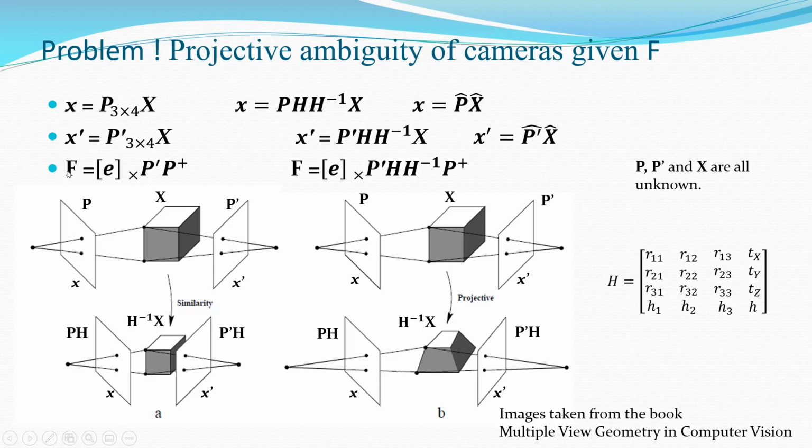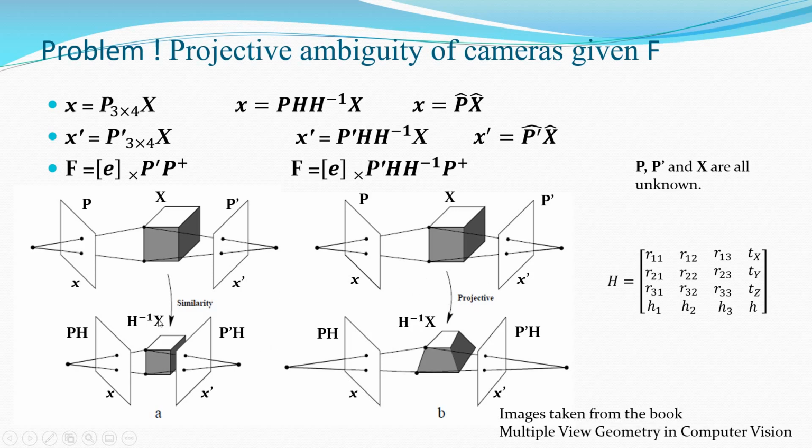So given one unique fundamental matrix, there are different combinations of P and P dash that can give a result that satisfies it, but that would not be the true result. That is what we saw in the previous video. This is something we cannot deal with at this stage.